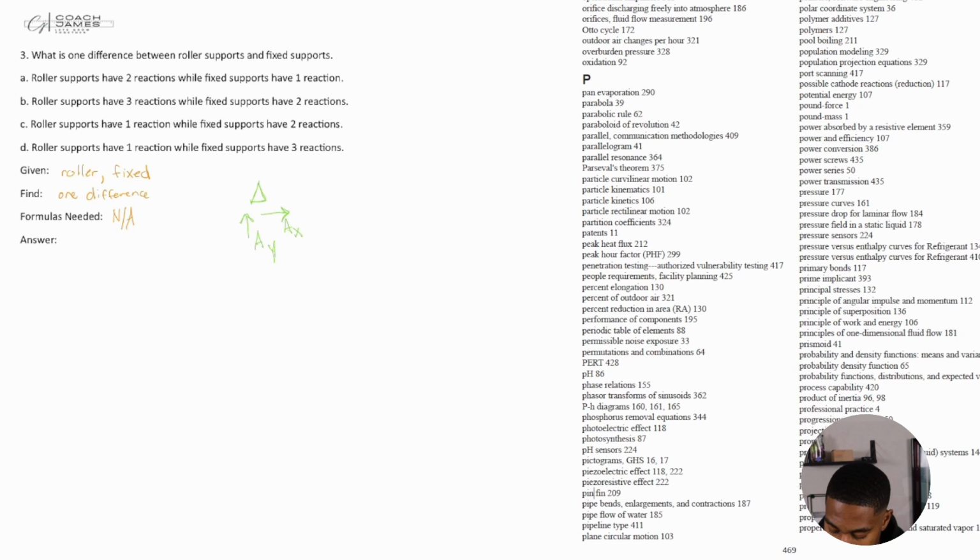So another support is a roller. That roller only has an AY reaction. This is a pin, it's a roller. And then you have something that's fixed.